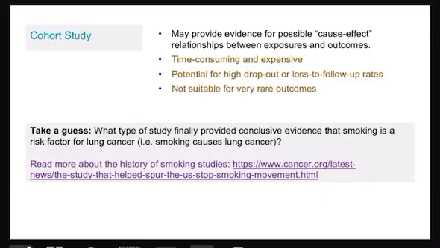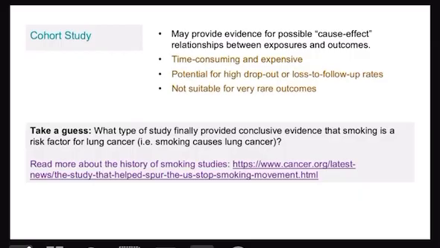So if I wait forever, apart from consuming time, it's also expensive. And there could be potential for high dropout, like those participants in your cohort, some of them may relocate. Some of them may not even be interested again. So they're not suitable for rare outcomes, like the occurrence of a heart attack.